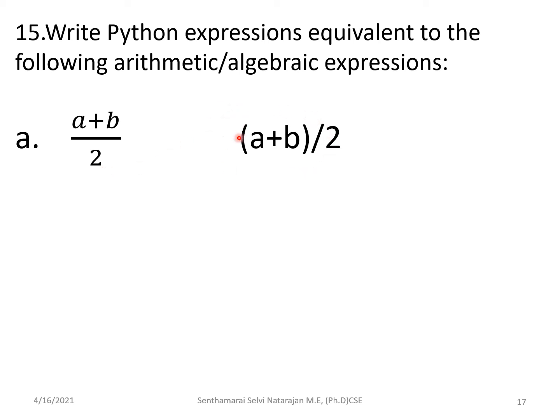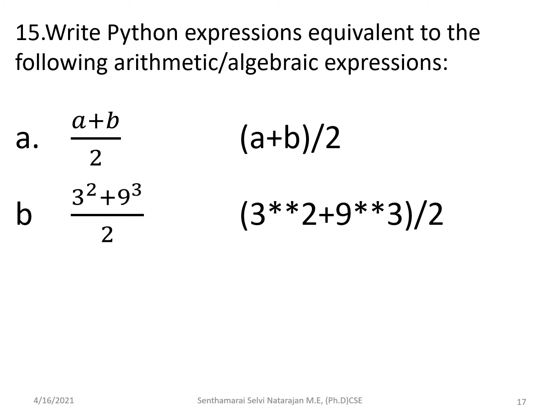For this I have given the operator precedence using braces and then the division. Next is the same thing, 3x square 2 plus 9x cube by 3. Here this is the exponentiation. Again the numerator I have given in brackets based on the operator precedence, and then the division symbol.